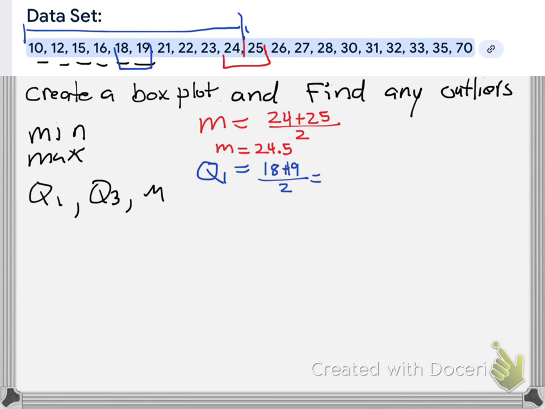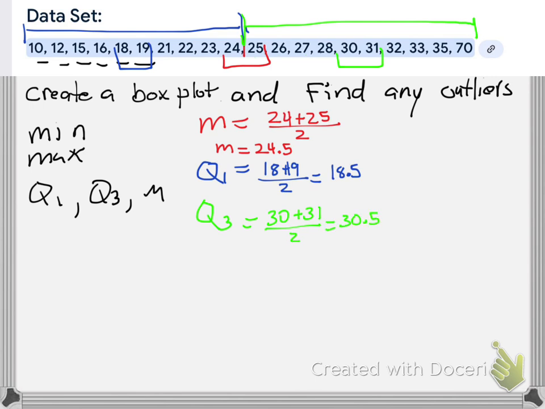It's going to be equal to 18.5. Our Q3 is going to be similar, but now we're using this half of the data on this side. We see this is our middle data here. You can count 1, 2, 3, 4, 5 from the left, and then 5 from the right. And we get the same thing, which is 30 plus 31 divided by 2, which gives us a 30.5.